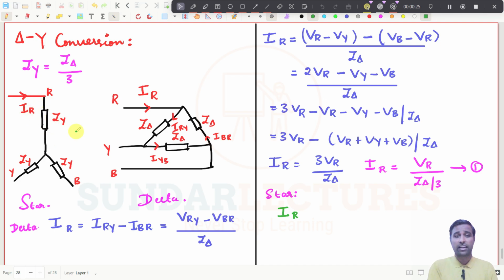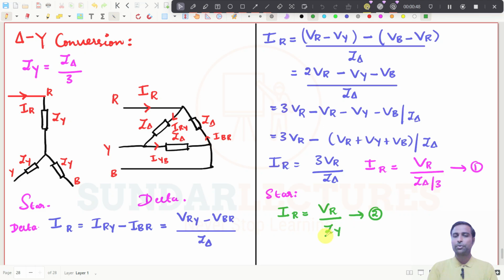The phase and line currents are the same. So I_R can be directly written as V_R divided by Z_Y. Simple, right? Because the line current and the phase current are equal. I will write this equation as number 2.